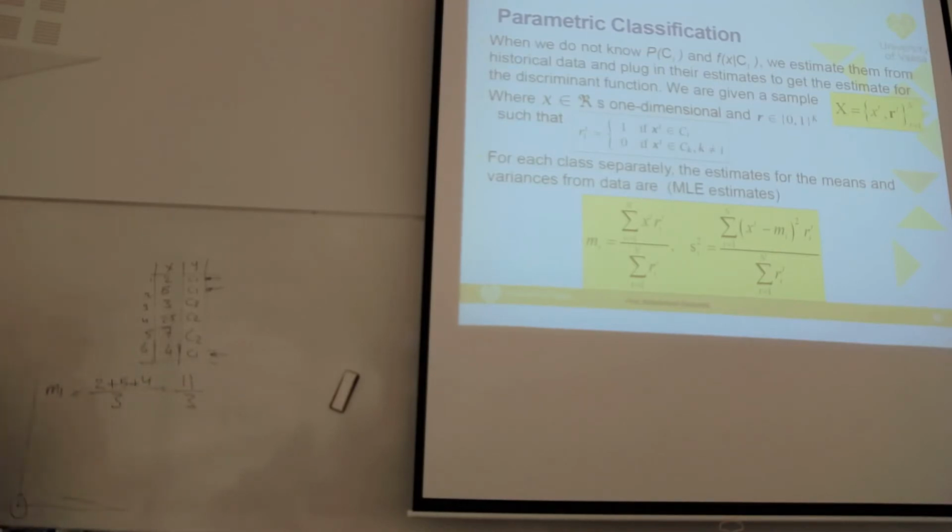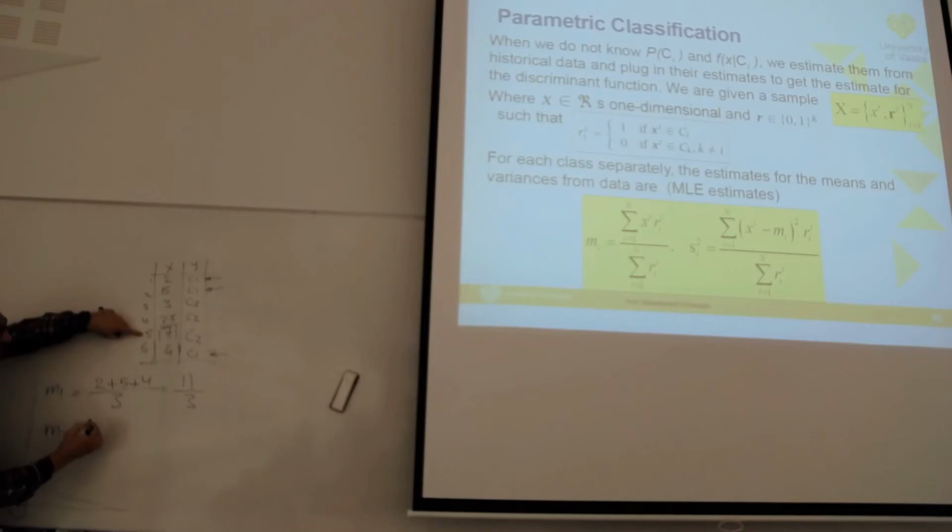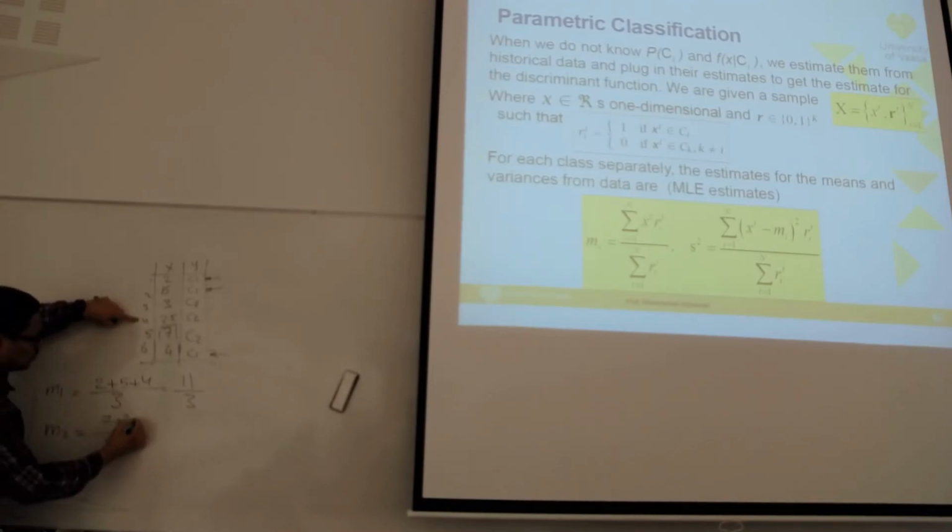Okay. How to compute the mean M2? For M2 we see how many guys are in class 2 and their salary. So we have the guy whose salary is 7. So the average is 7 divided by what? 2 guys. Yes, so it is 2. So it is 7 plus 2.5 divided by 2.